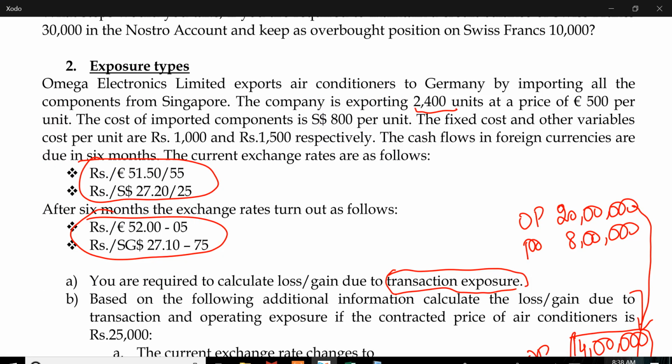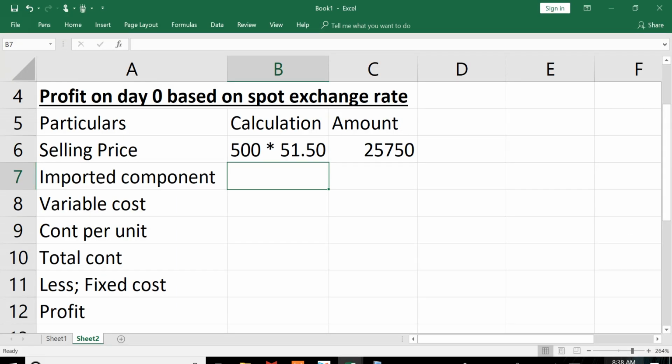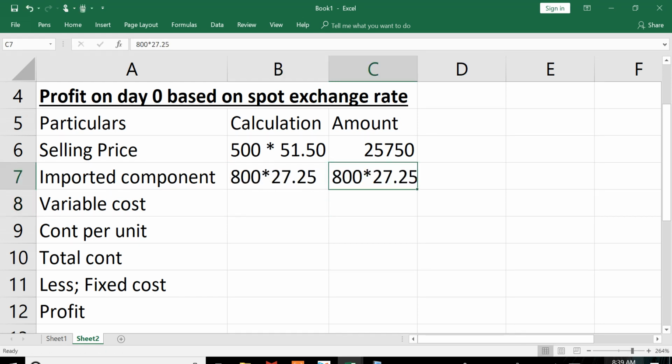Imported component is 800 Singapore dollars into 27.25.